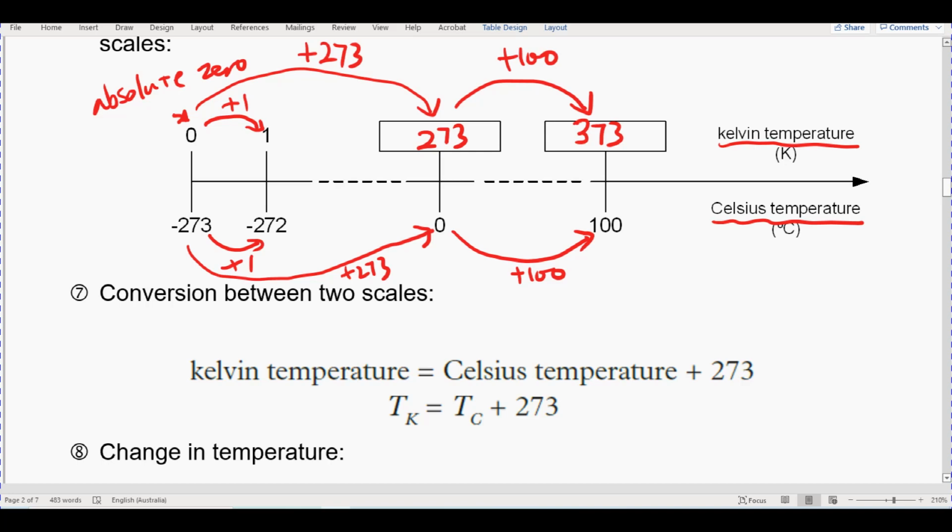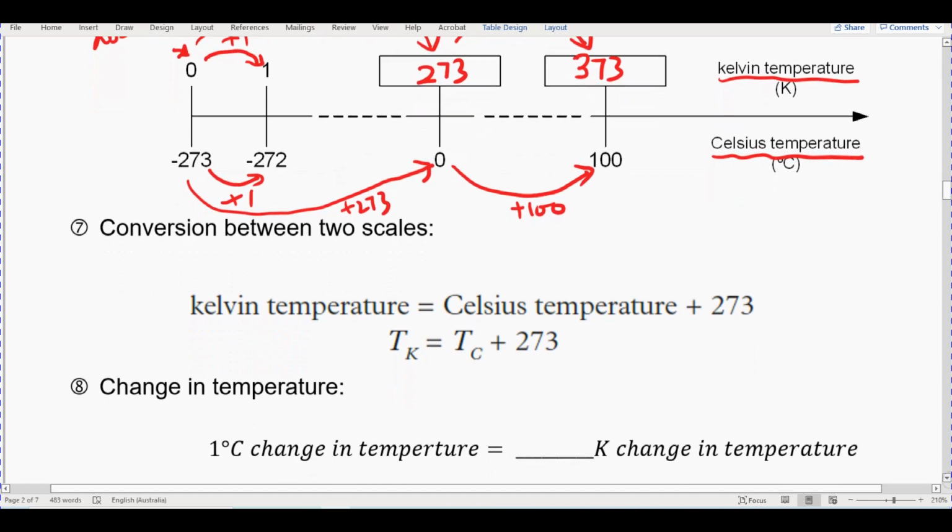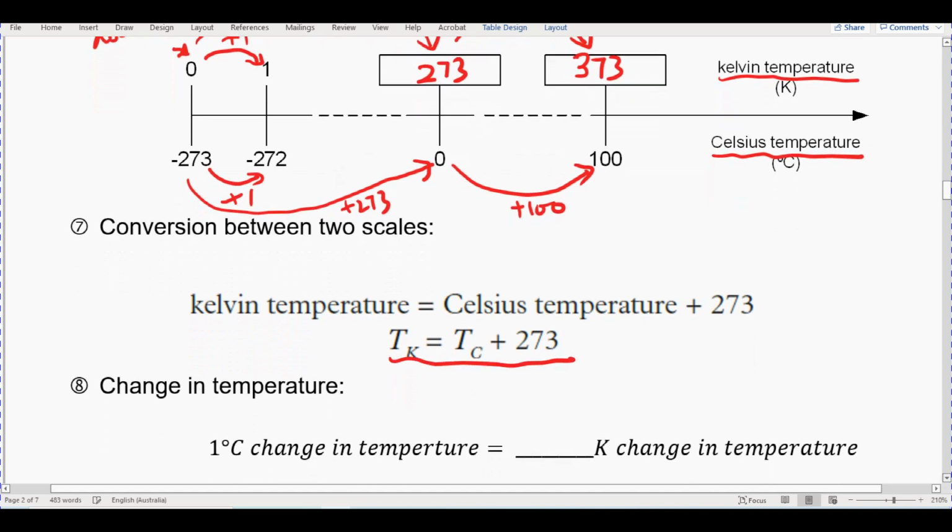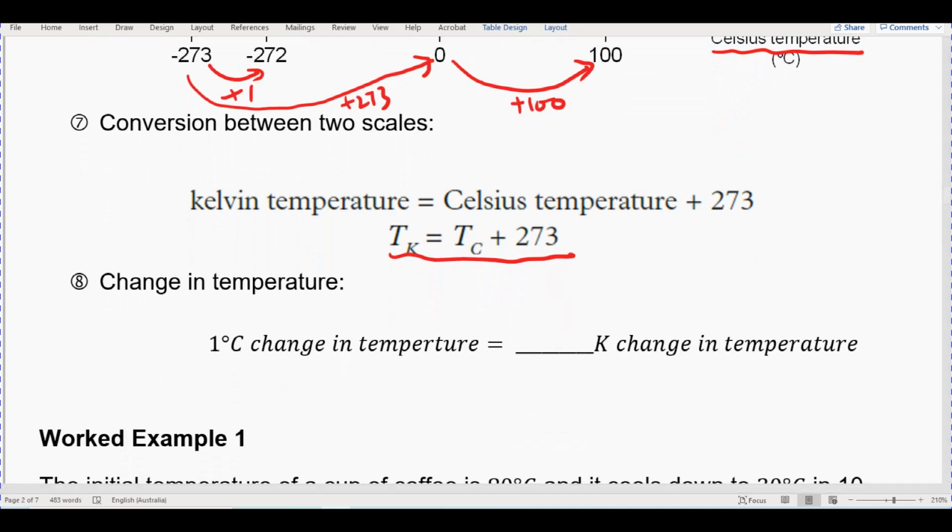So you always add 273 to convert a Celsius temperature into Kelvin. That's why we have this conversion formula between the two scales: you get a Celsius temperature, you add 273, and then you get the Kelvin temperature, right? That's the conversion formula.